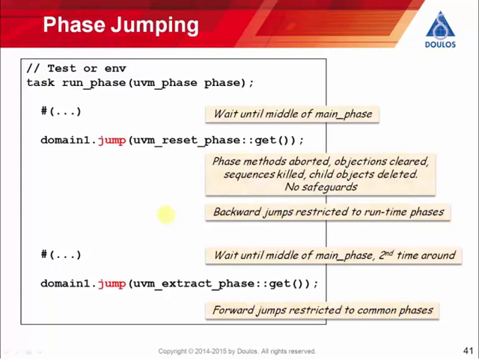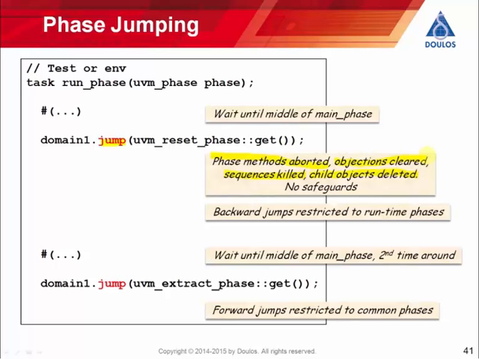But when you call domain.jump, what that's going to do is to abort the phase methods of all of the components in that domain. And as a result of doing that, it's going to clear all the objections associated with that particular phase. It's also going to kill any child sequences of the phase methods. And intrinsically in SystemVerilog, it's going to delete any objects created by those sequence processes.